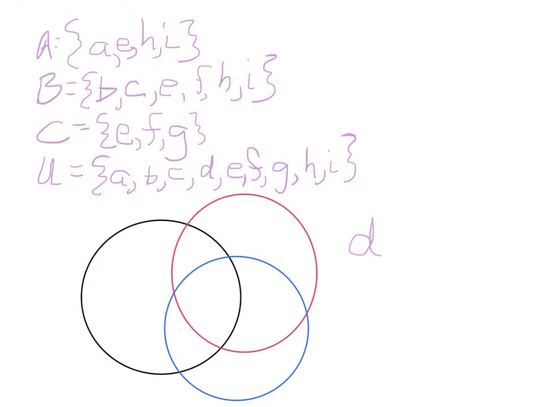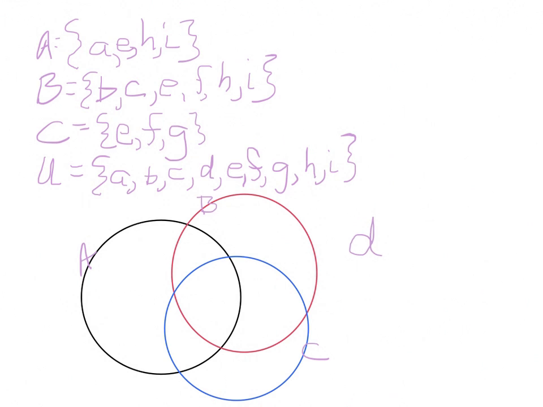I'm going to label these sets A, B, C, and then I have an E and C, an F and B, a G and C, an H and A and B, and an I and A and B. So every other element is there.